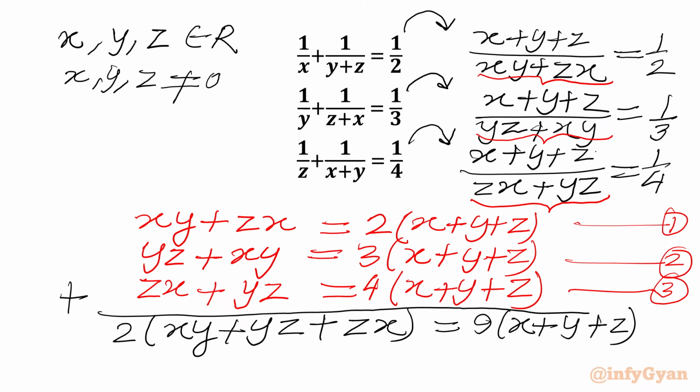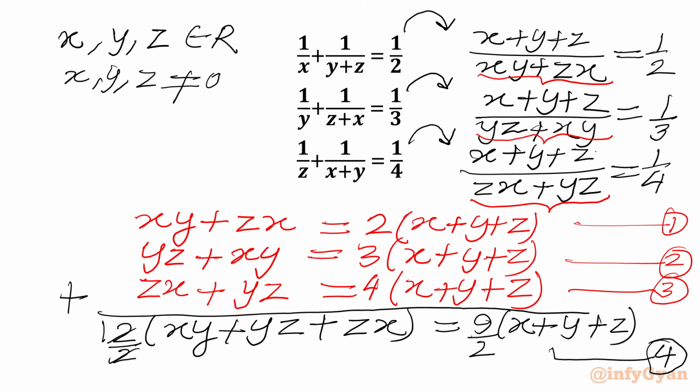We can divide both sides by 2. 2 over 2 will become 1. So in RHS there would be 9 over 2 times x plus y plus z. Let's say this is fourth equation.